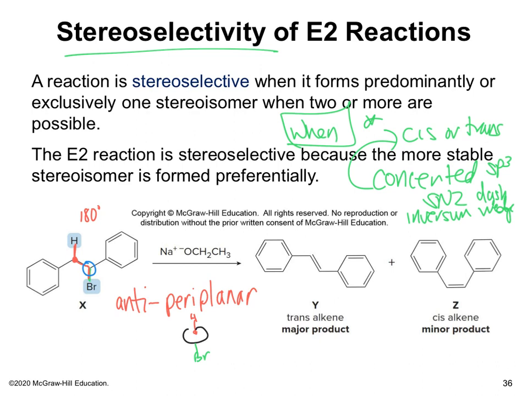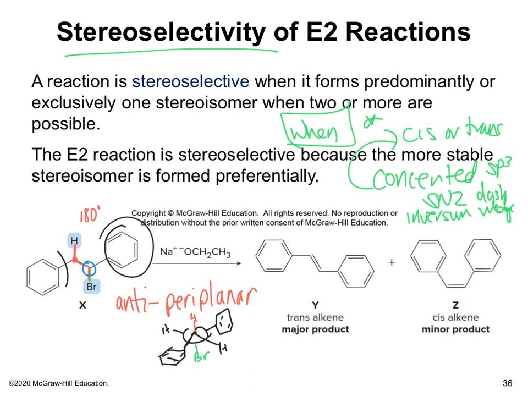So here you could go ahead and draw in, okay, you have your aromatic and your hydrogen here, and hopefully you can see that these phenyl groups are in the zigzag here, and then that's a hydrogen.